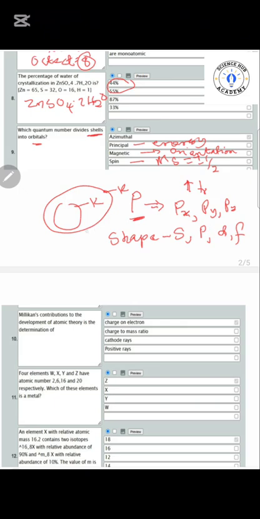And it is like a subdivision of the principal quantum number, that is a subdivision of the shell. So for example, a shell like the L shell can contain s orbital and p orbital, so we can have 2s and we can have 2p. So the subdivision of the shell gives us the orbital, that is emphasized by the azimuthal quantum number.